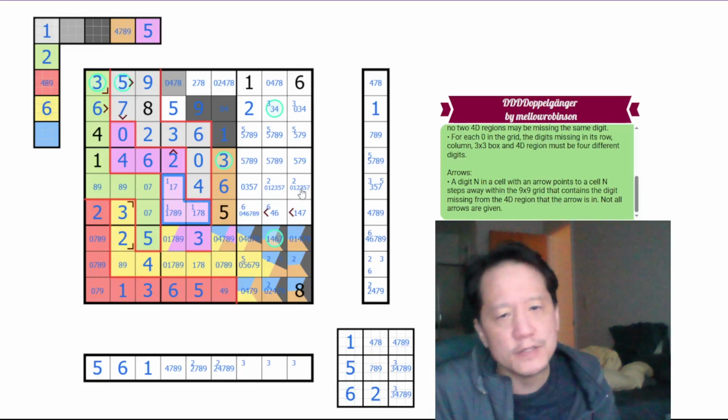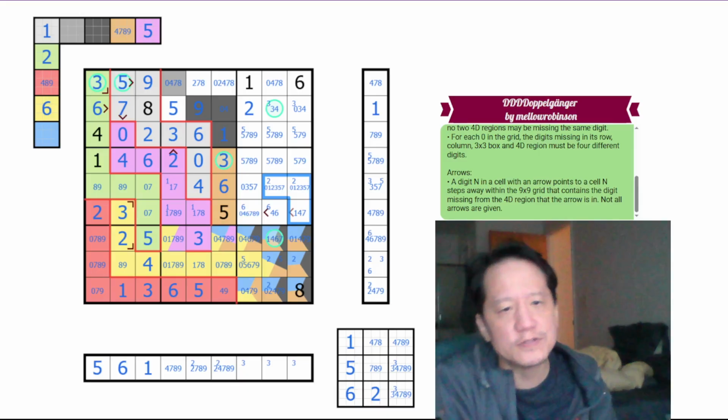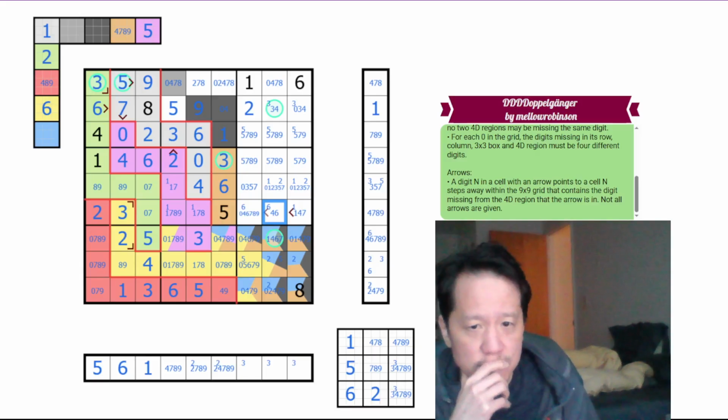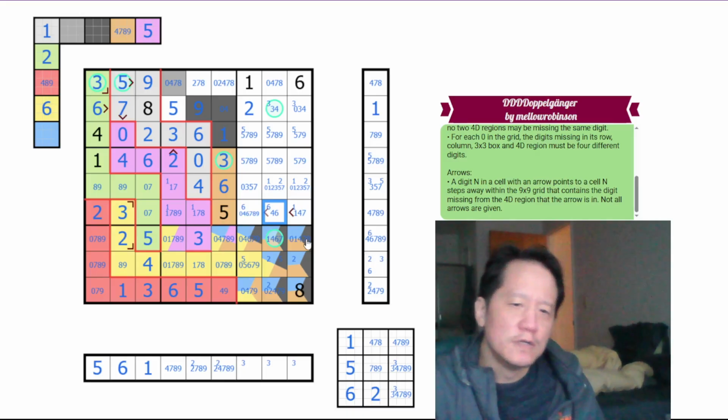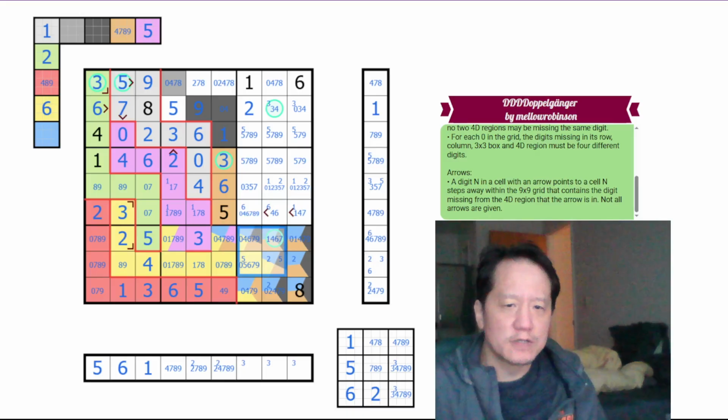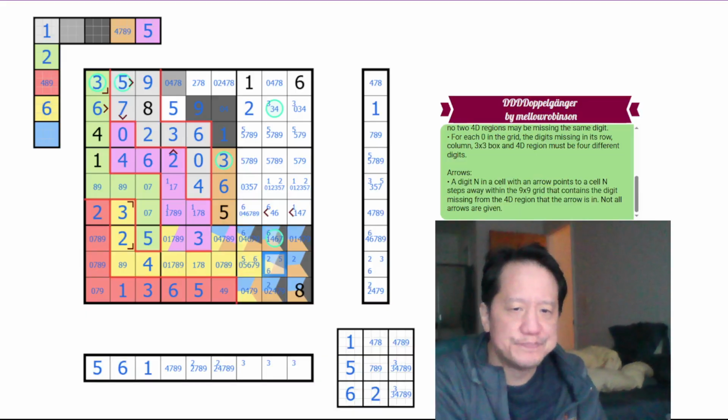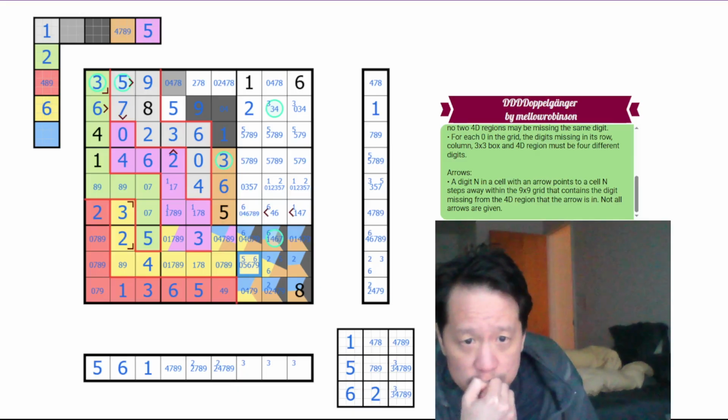So 1 in this box has to be one of these 3 cells here. That's interesting. 6 must appear in this box in one of these 4 cells.